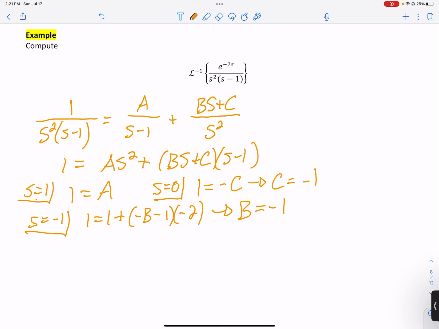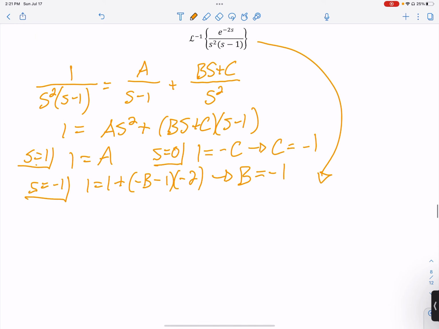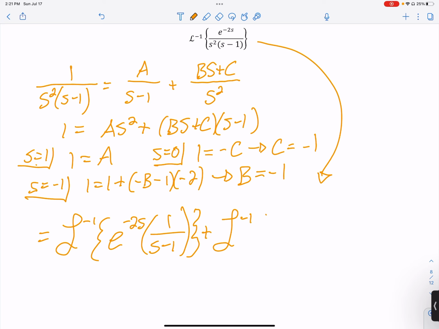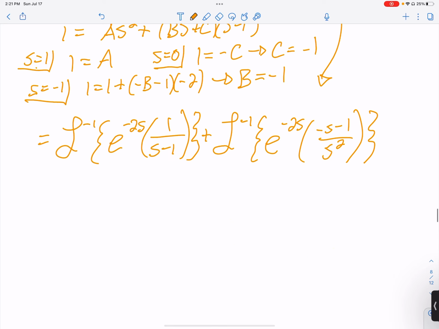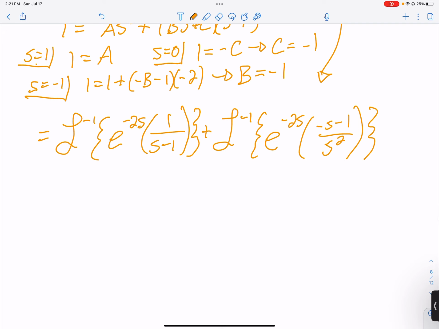So what we're going to do now is we're going to take this and split it up. All right, so that's the inverse Laplace of e to the -2s times 1 over s minus 1 plus the inverse Laplace of e to the -2s times -s minus 1 over s squared. We can break that up.